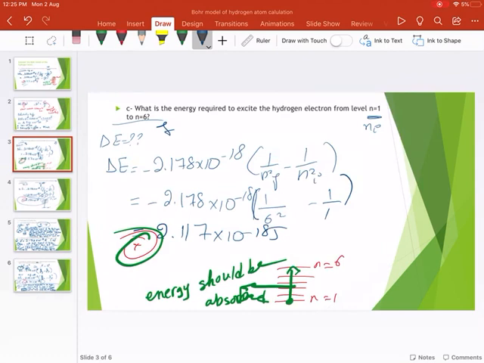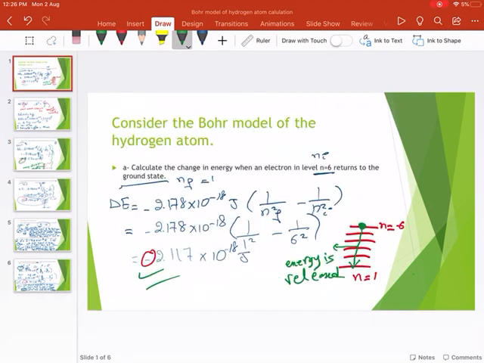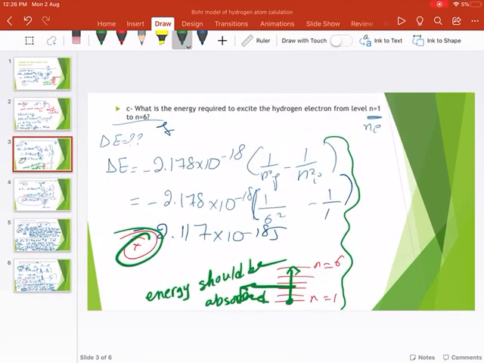Okay, so this is what I wanted to discuss in detail for this problem. But back to part C, I can also solve it in a different way if you want. This way is always applicable. I can relate it to the one in part A, because in part A an electron was lowered from n equals 6 to the ground state.